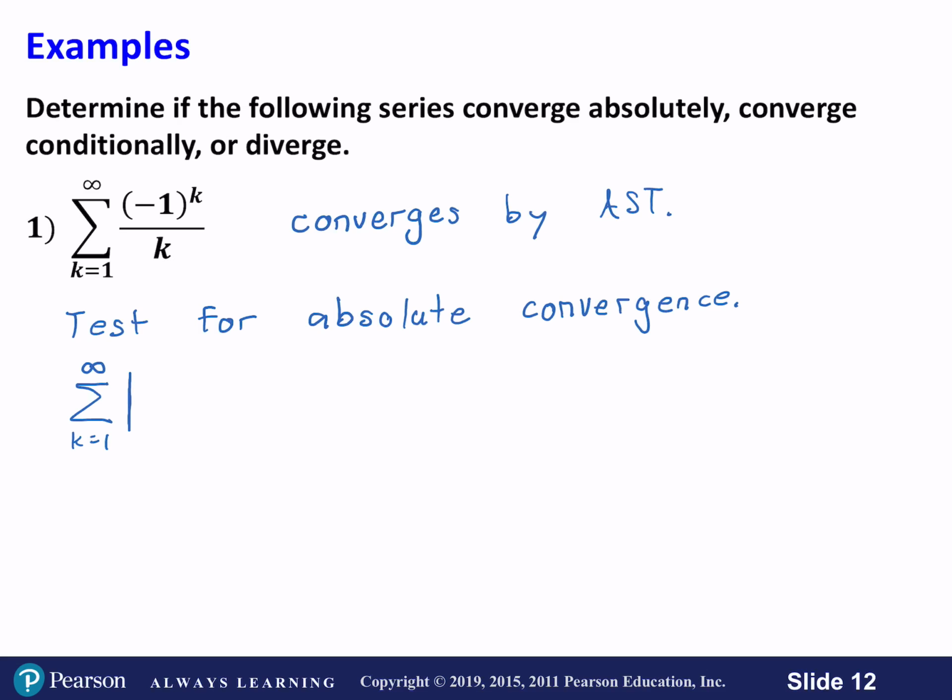So just like this, we're going to write (-1)^k all over k, and we're taking the absolute value there. We can simplify this. This can be written as just 1 over k, right? If you take the absolute value of (-1)^k over k, then it's just 1 over k.